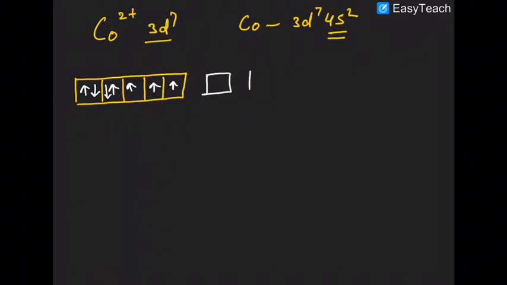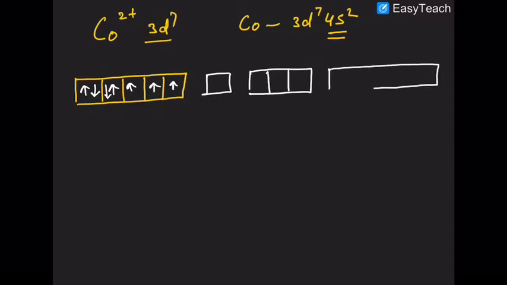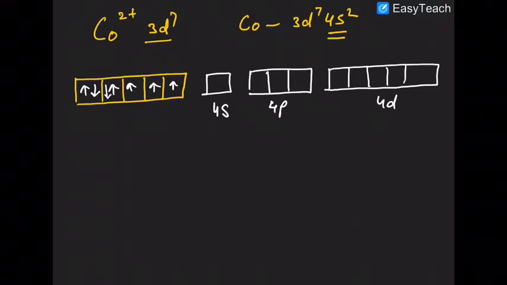The 4s orbital and 4p orbitals are empty, whereas 4d is also empty. So you have 4p and you have 4s. That's what you are able to get in this case. Okay, are you sure about that? Here CN is a strong ligand, so it can cause pairing of electrons.